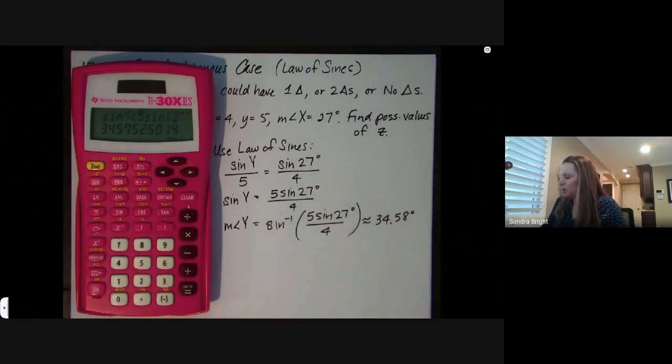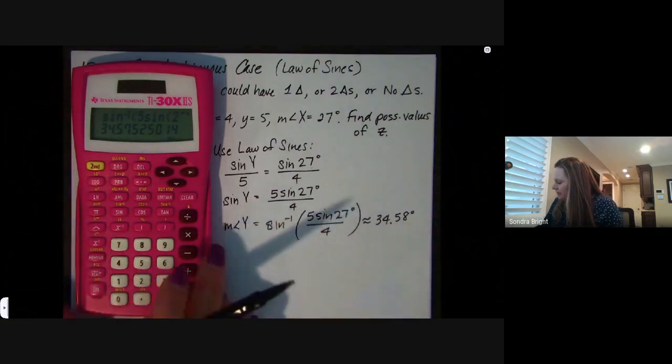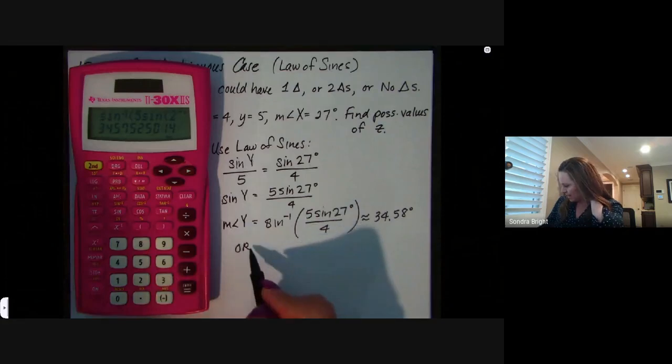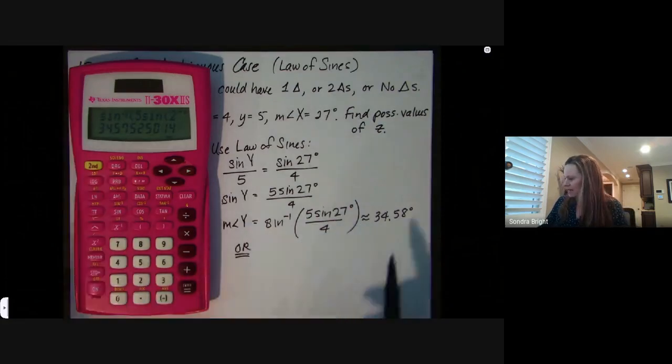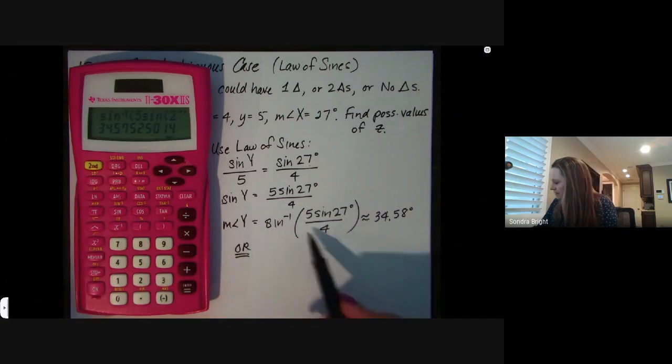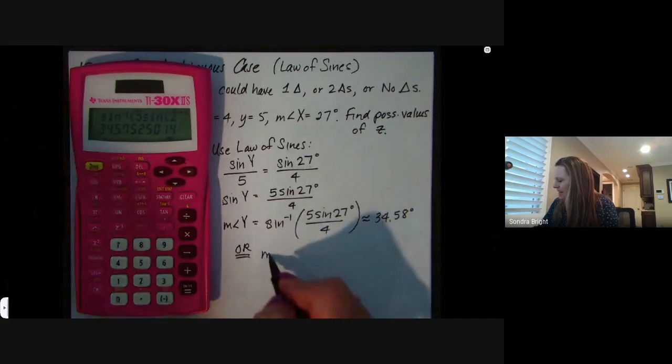So how do you find it? Well, the other time that the sine of the angle is equal to this is when it's the supplement of it, 180 minus that angle.